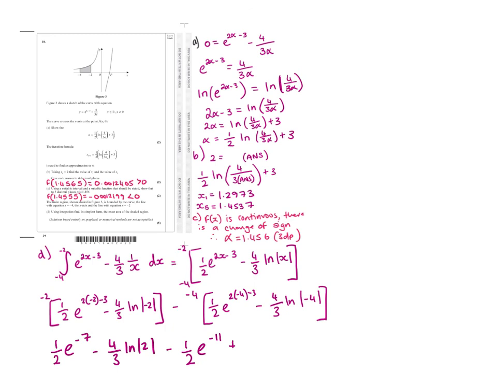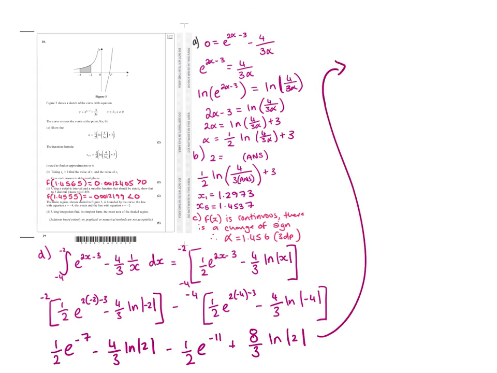Now 4 can actually be written as 2 squared, so I'm going to change this to 2 squared. We know if there's a power, we can bring that to the front. So now this is going to be 8 over 3, because I multiplied it by 2, ln of 2.